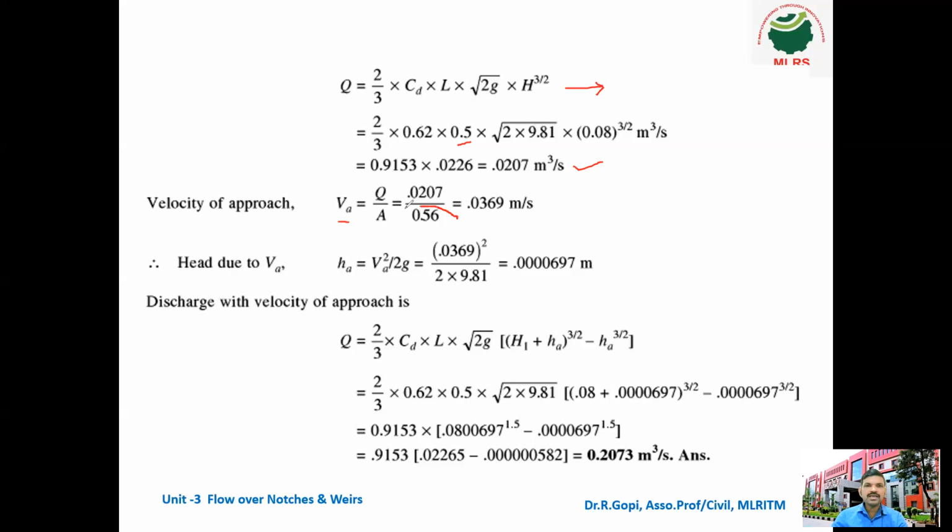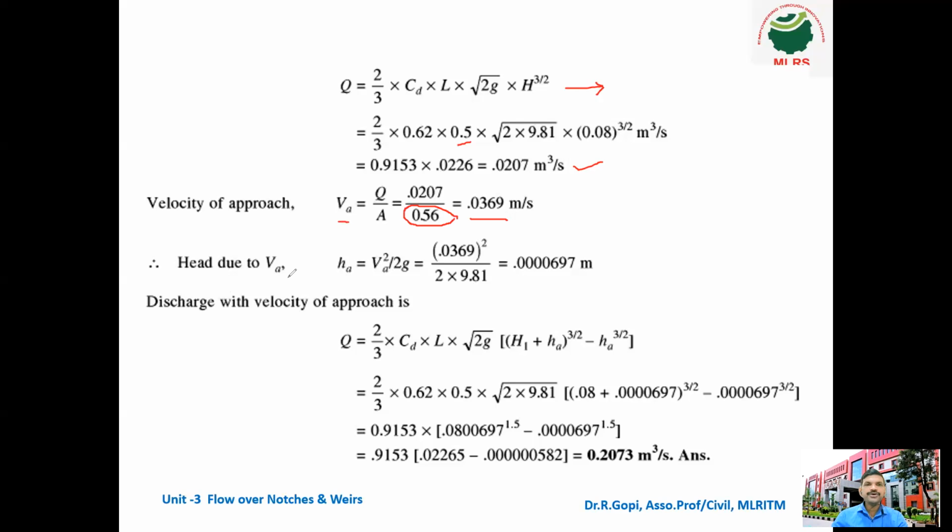This is not the area of the weir. If you put the area of the weir, it is wrong. We have to put the area of the channel, because we are calculating the velocity of approach before the weir. So the area is 0.56, and finally we got VA is equal to 0.0369 meter per second.